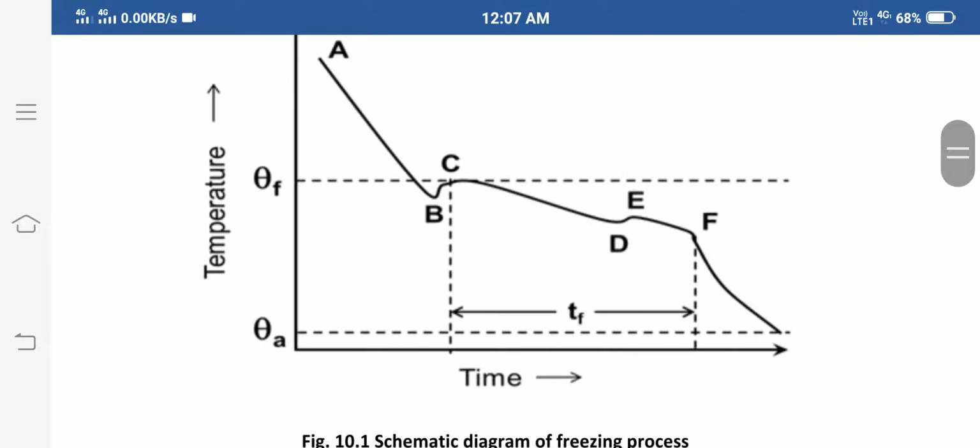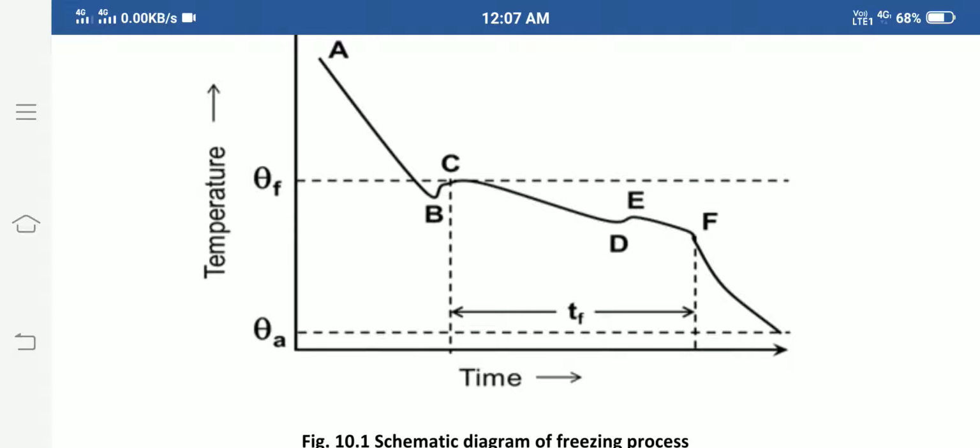Now we can see the graph is moving from A to B, and the C point is the freezing temperature.